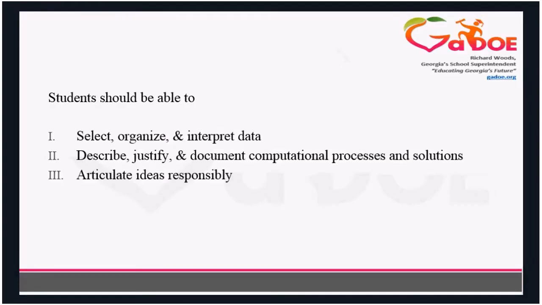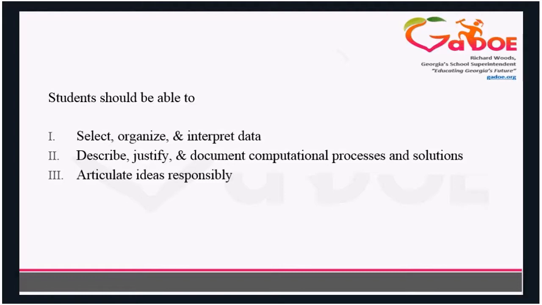So the skills for communicating computationally, and then we'll embed some of the participation pieces, is being able to select, organize, and interpret data. In any subject that's being taught, any specials, this is a piece of that knowledge base: being able to identify data, sort it, collect it, manipulate it, put it in forms that are understandable, and allow students to make inferences and conclusions from that data.